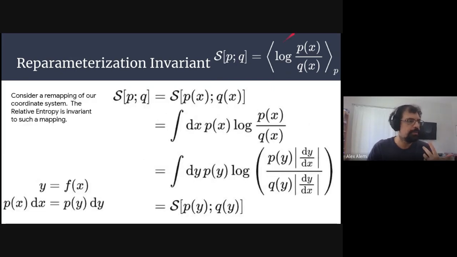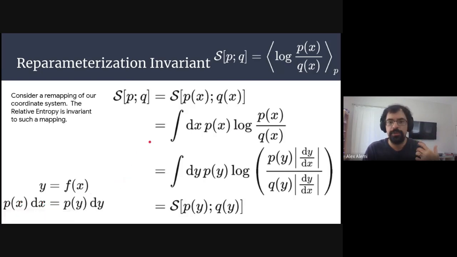And I don't want to belabor this, but the math works out in the sense that if I had a coordinate change from some coordinate system X to some other coordinate system Y, how does the probability change? Well, it doesn't matter how you slice it, the density would stay the same. So how do you compute the update to a density? The density in any small region should be the same before and after the update. And so the new probability distribution can be written as the old probability distribution times a dx dy, which is like a Jacobian.